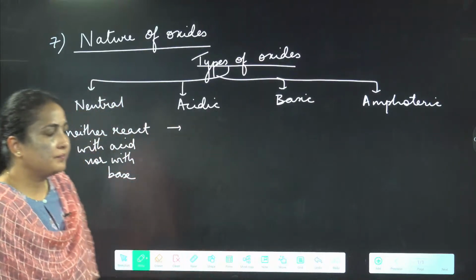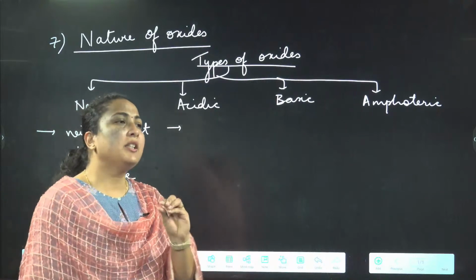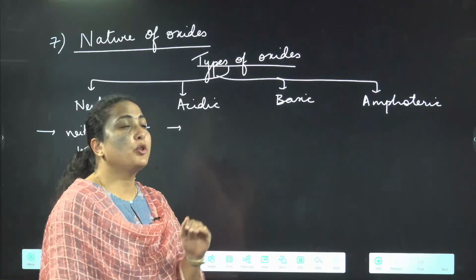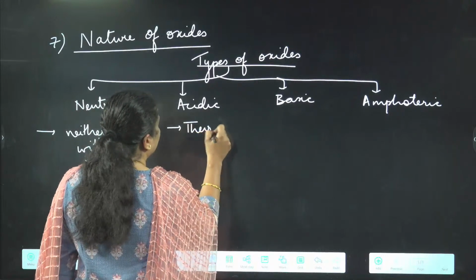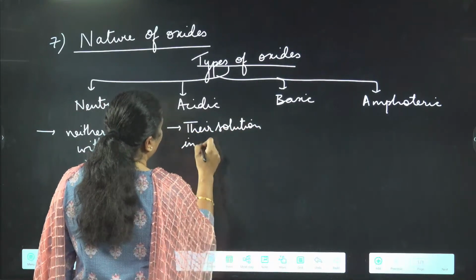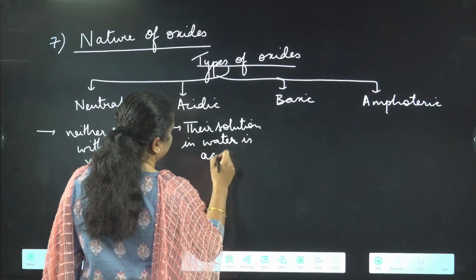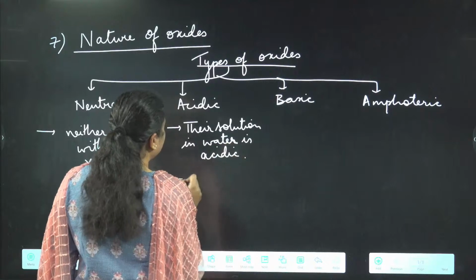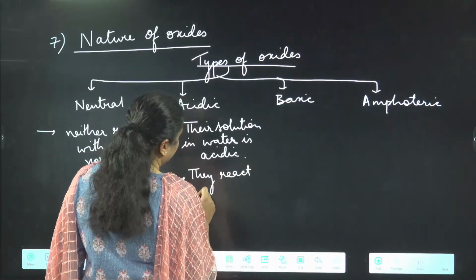Now, acidic oxide. Acidic oxide means their solution in water is going to be acidic. And if they are acidic, they are going to react with base.